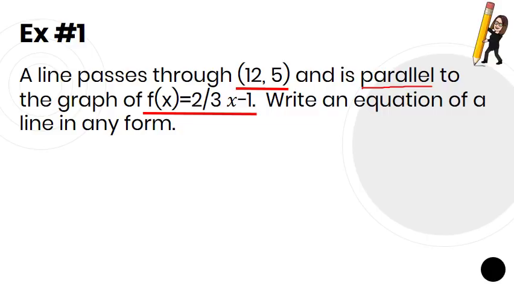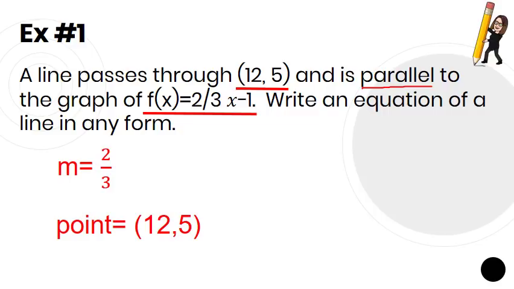So first, let's identify the key features. If the given graph has a slope of 2/3, then my line better have the same slope of 2/3. If I want my line to go through the point (12, 5), then I need to include that (12, 5) in my equation. Take a moment.